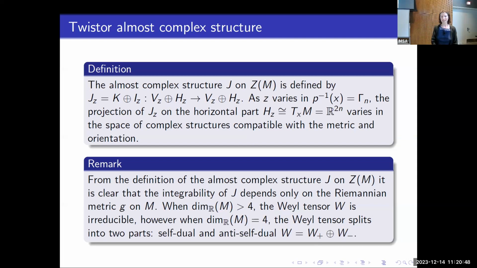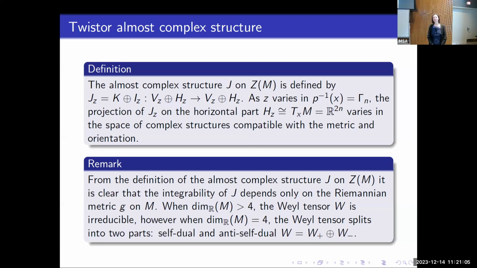So from the definition, it is clear that the question of integrability of this Twistor almost complex structure only depends on the Riemannian metric. And you have this dichotomy.